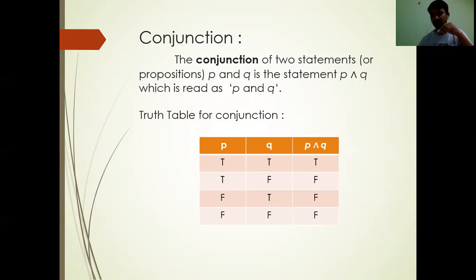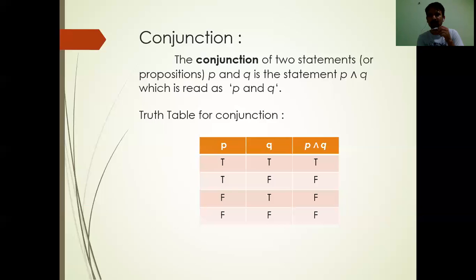A truth table we can use to check whether the statement, the conjunction, is true or false. So how many statements are there? Two statements. Whenever you are writing truth tables, if two statements are there, then we get 2 power n, where n is the number of statements, 2 squared. So four truth values we'll get.